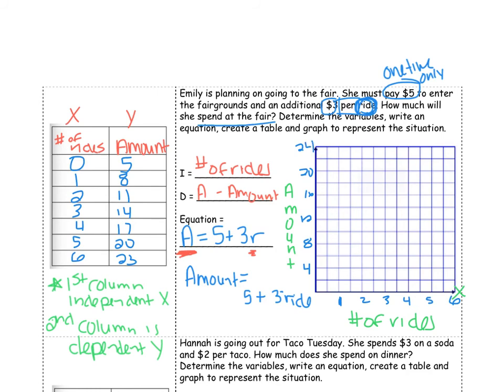And with graphing, sometimes you have to guesstimate. For one ride, it was $8. Well, that's on there, so we don't have to guesstimate that. 2 was 11. So here's my 12. So right there is 12, so we know it's going to be a little bit before that.